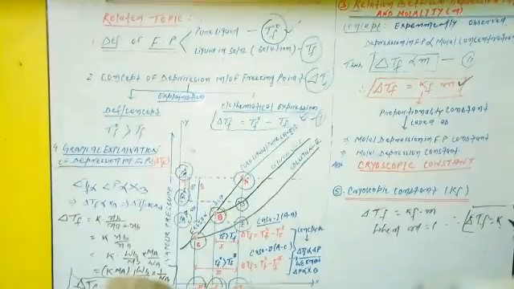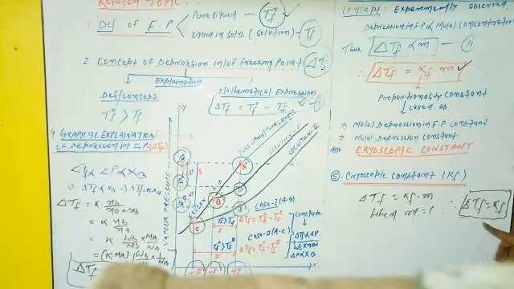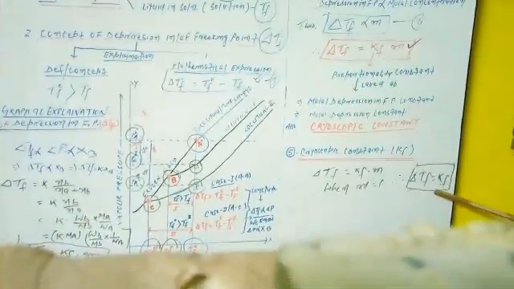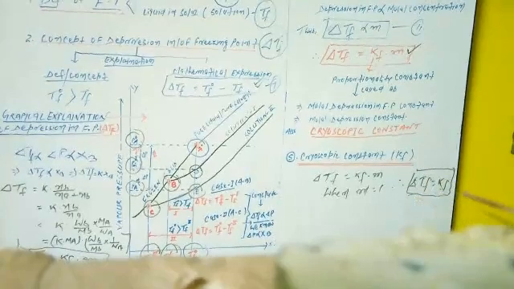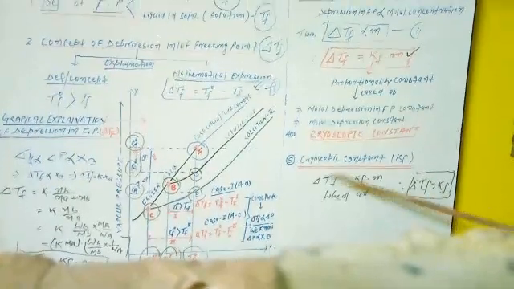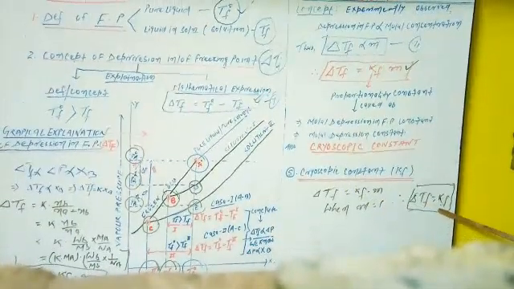So this established a new relation again here, and like the ebullioscopic constant, in these cases the relation is delta TF equal to Kf, and hence we easily define the cryoscopic constant: the depression in the freezing point for a 1 molal solution is known as the cryoscopic constant.